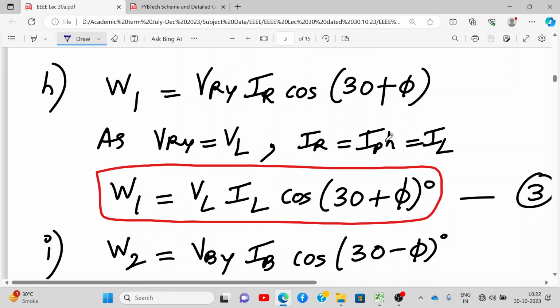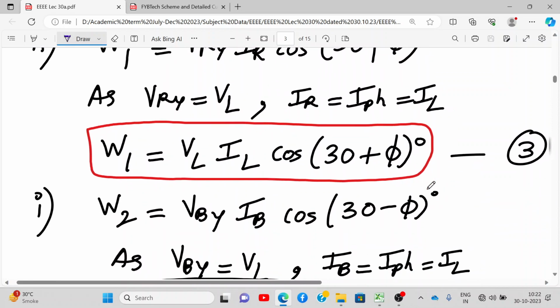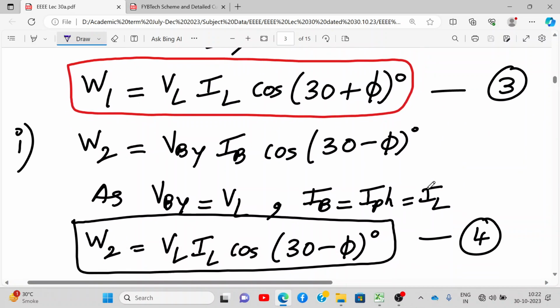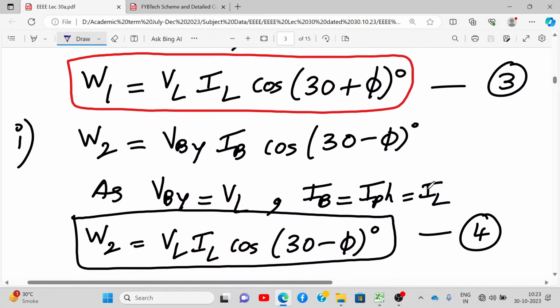So IR equals I phase equals IL, and VRY is VL. So W1 is VL IL cos of 30 plus phi. Rewrite the formula. Similarly, W2 will be VL IL cos of 30 minus phi, because the phase current is the same as the line current, and the line voltage we denote by VL.